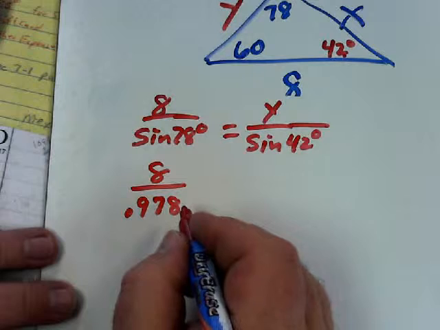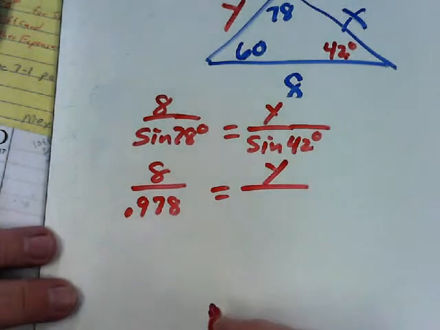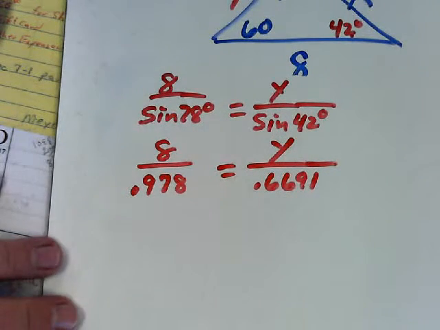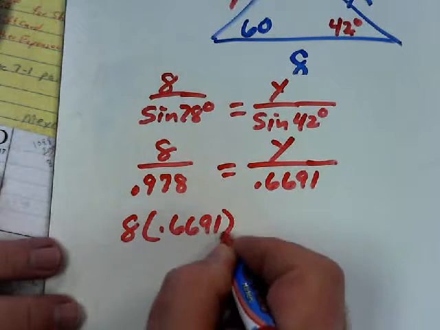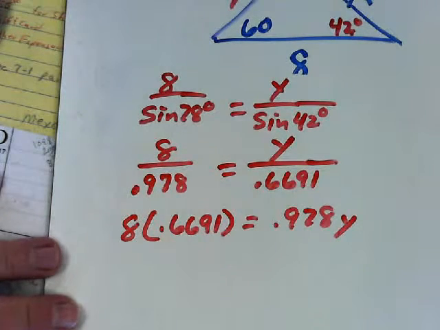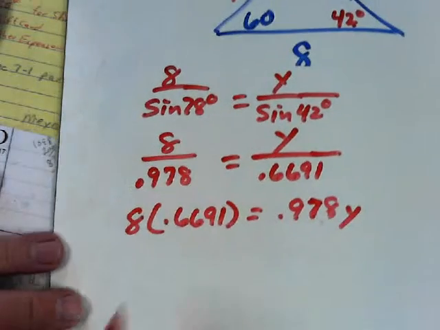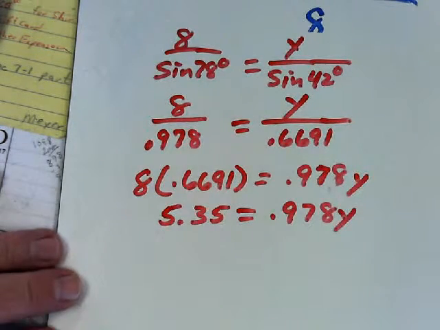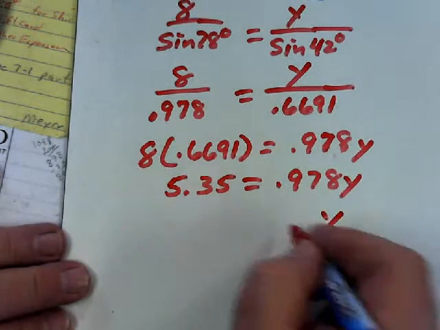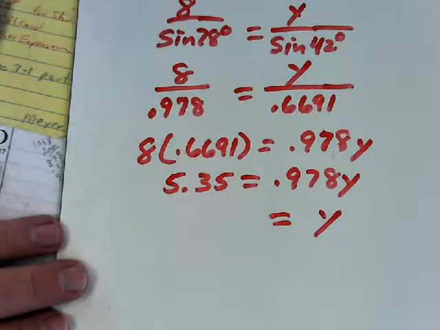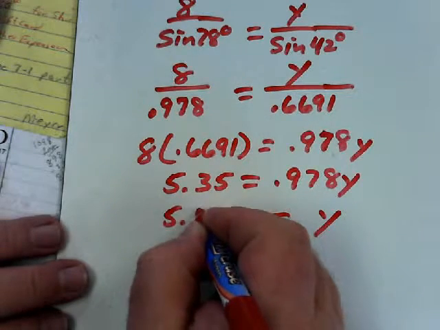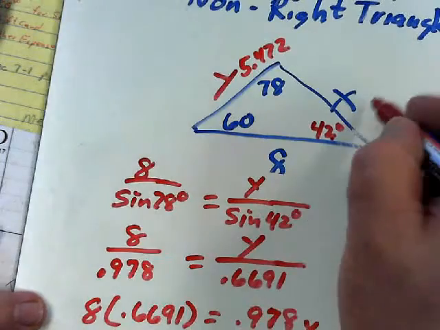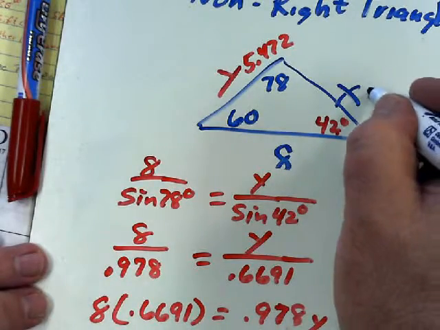The sine of 42 is 0.6691. So this was 5.352. What was the blue one? 7.083.